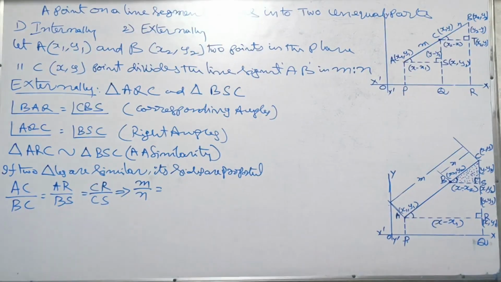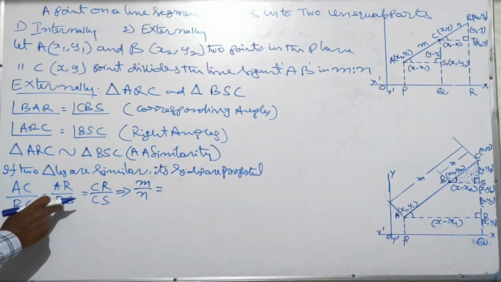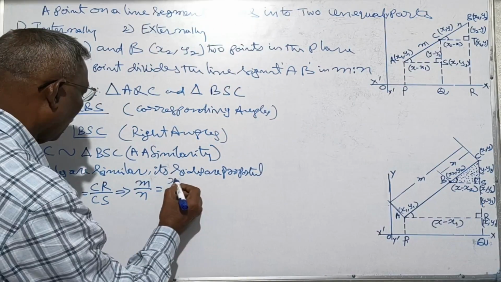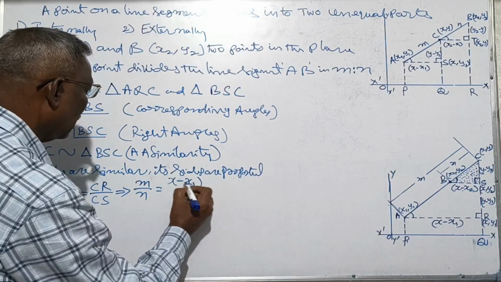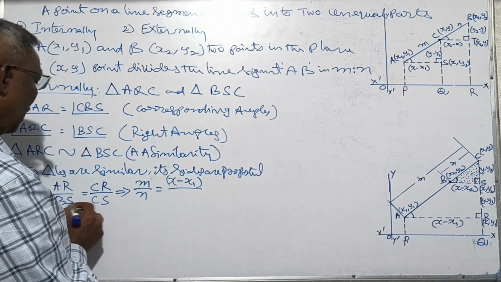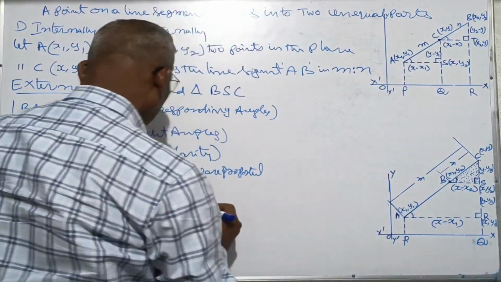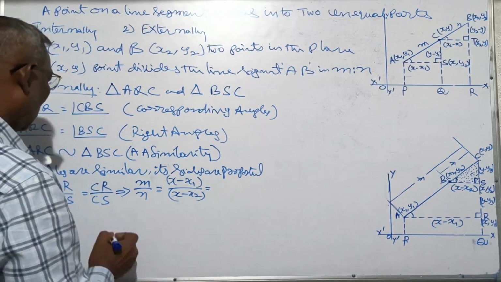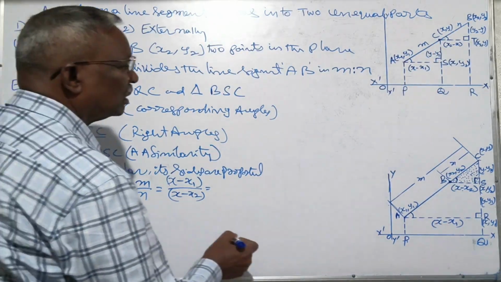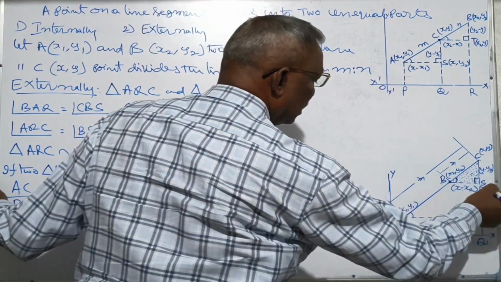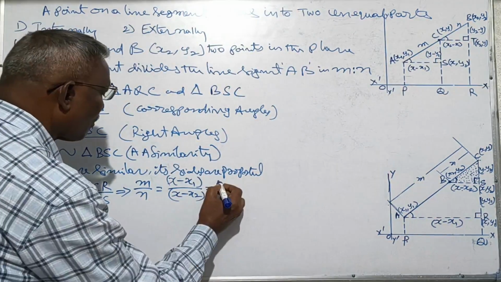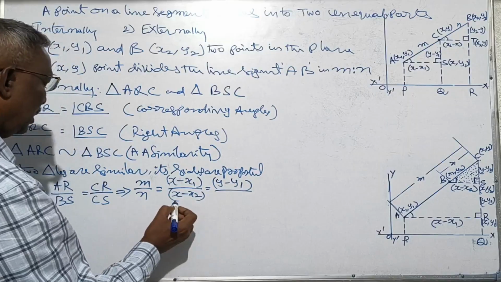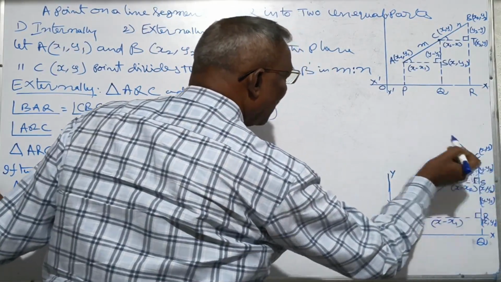That is, AC by BC is m by n, which is equal to AR by BS. AR is x minus x1, BS is x minus x2, and that is equal to CR by CS, where CR is y minus y1 and CS is y minus y2.